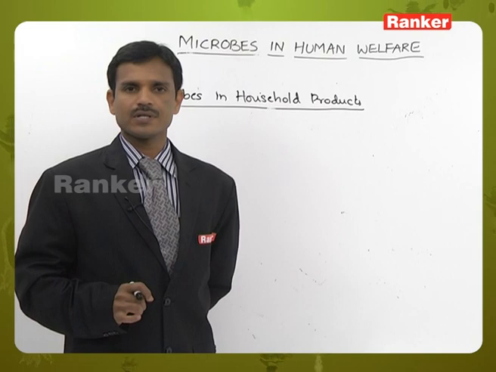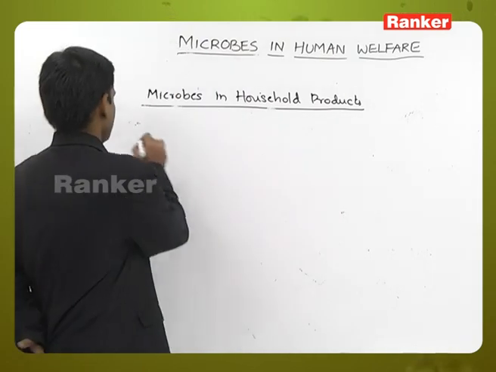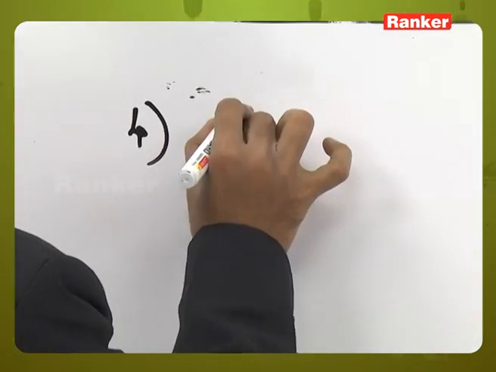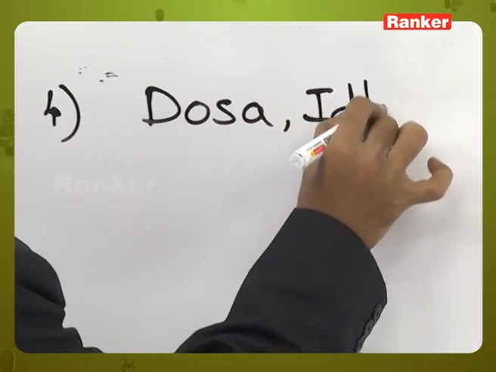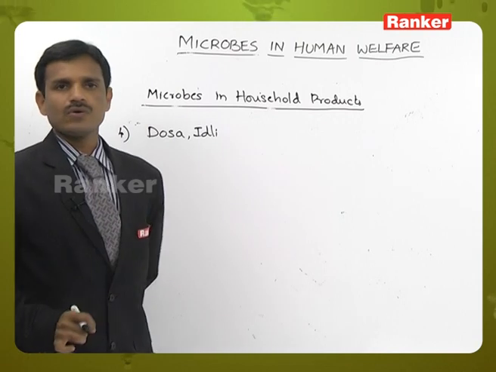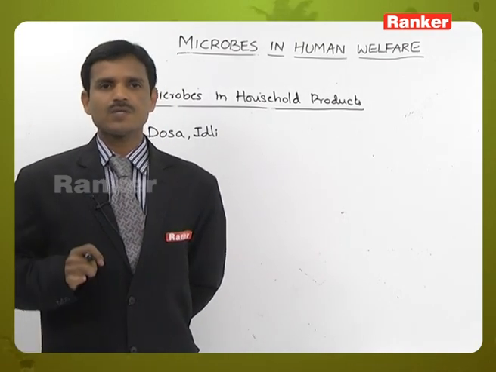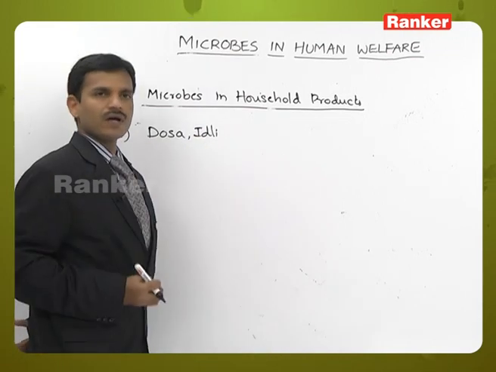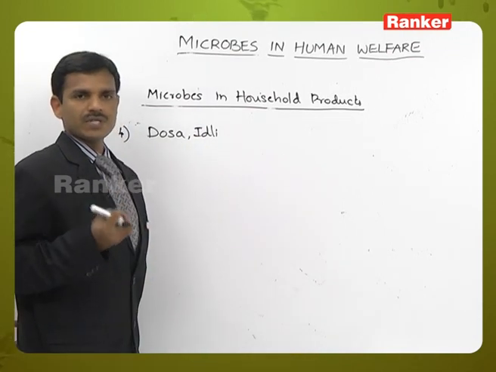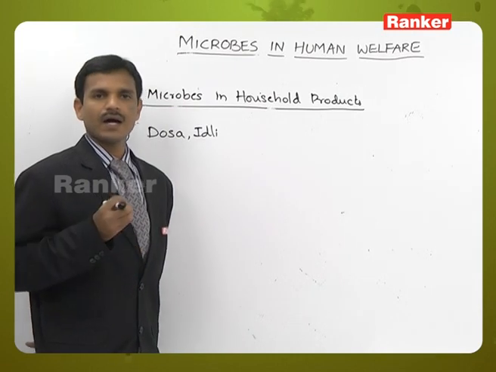The next product is Dosa, Idli. These are also fermented products. So, these products we generally ferment in our houses by using some rice flour and black gram.